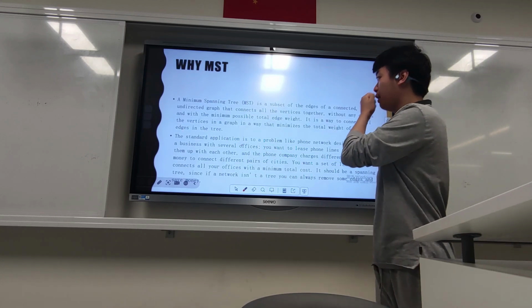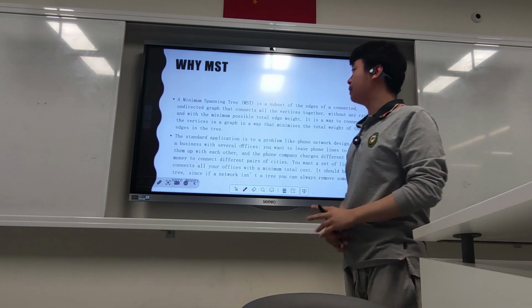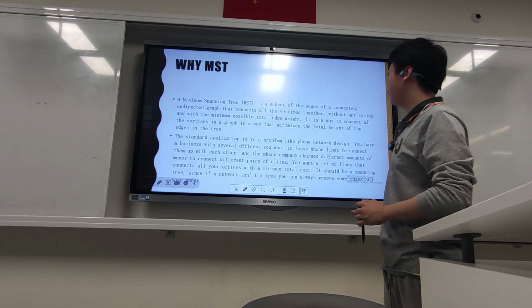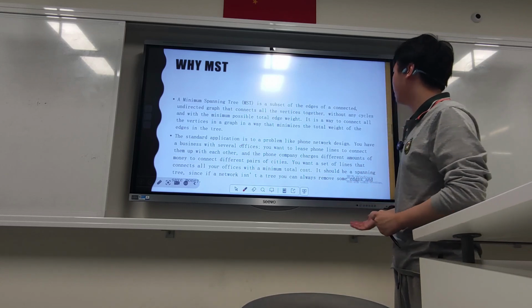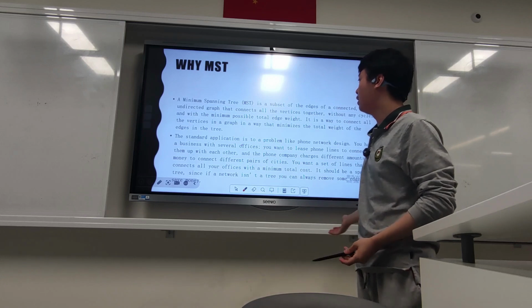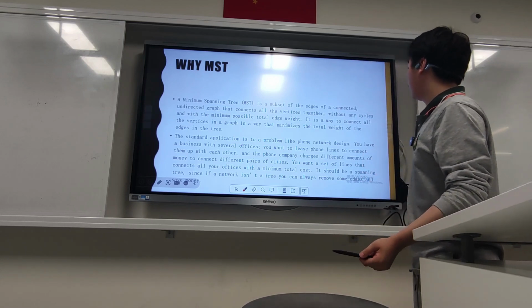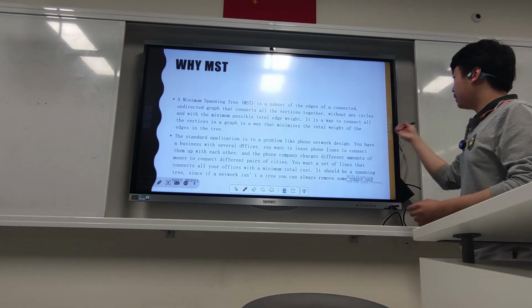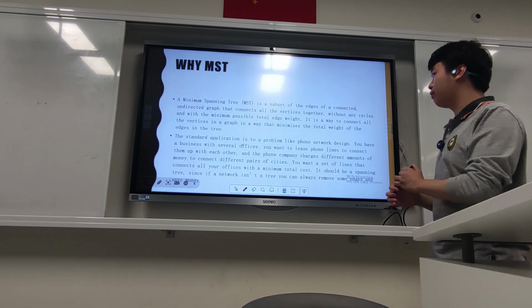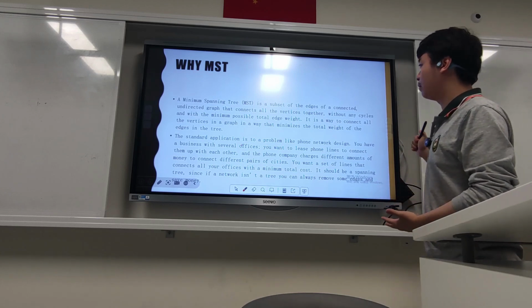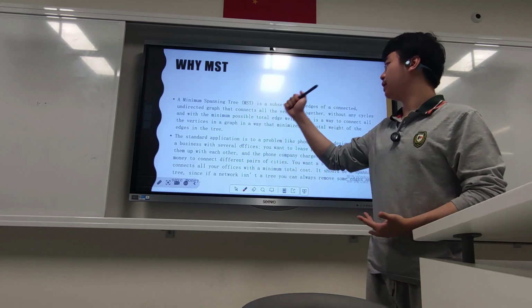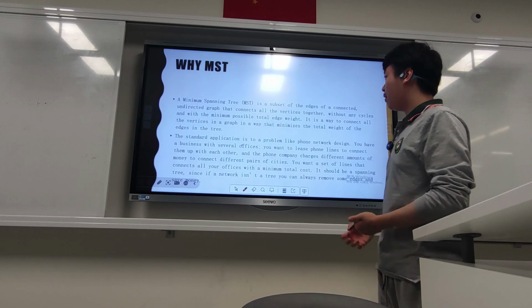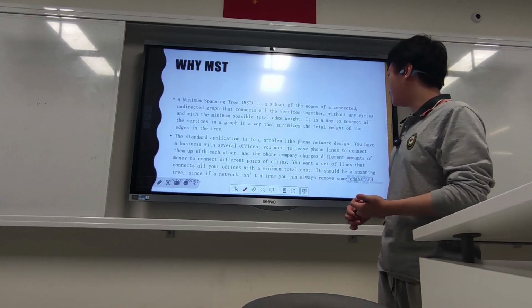And here is why we will use a minimum spanning tree. A minimum spanning tree is the subset of the edges of a connected undirected graph that connects all the vertices together without any cycles and with the minimum possible total edge weight, as we have talked about several minutes before. So it is a way to connect all the vertices in a graph in a way that minimizes the total weight of the edges in the tree. The standard application is a problem like phone network design. You have a business with several offices.